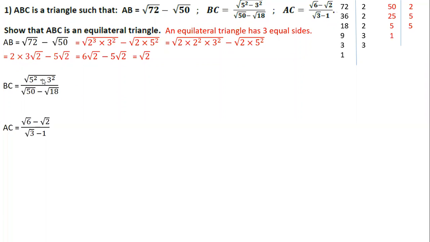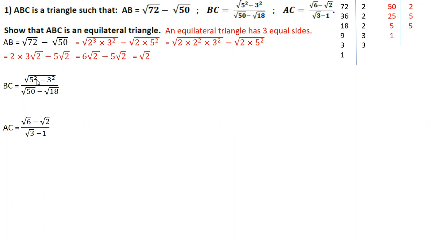Also, we have minus. Bravo! Since we have a minus between the 5 squared and the 3 squared, we cannot get 5 squared outside to become 5 or 3 squared to become 3. I can get them out if we have multiplication between them. But since we have a minus, we should find the answer of 5 squared.